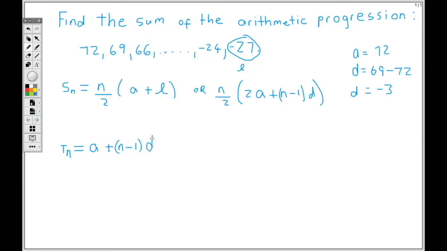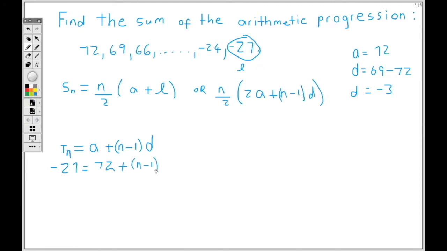The information that I have is the last term, and that's the one that's going to give me n. So the last term, which is -27, the first term, which is 72, n is what we're trying to find, so it's going to remain as is. So I'm going to have n minus 1.